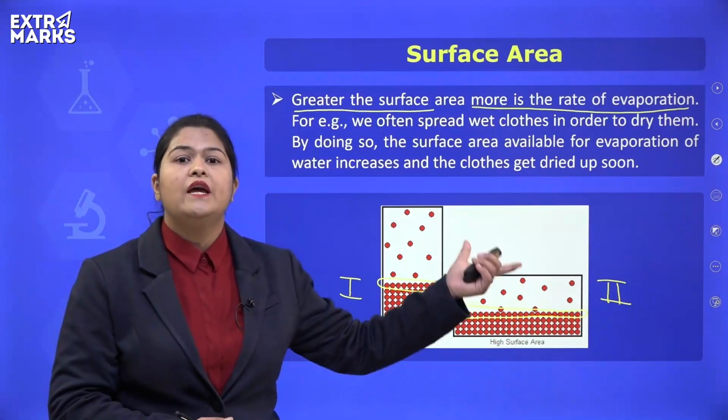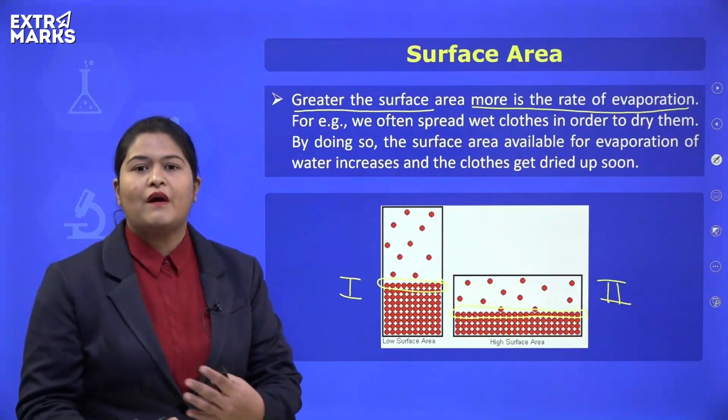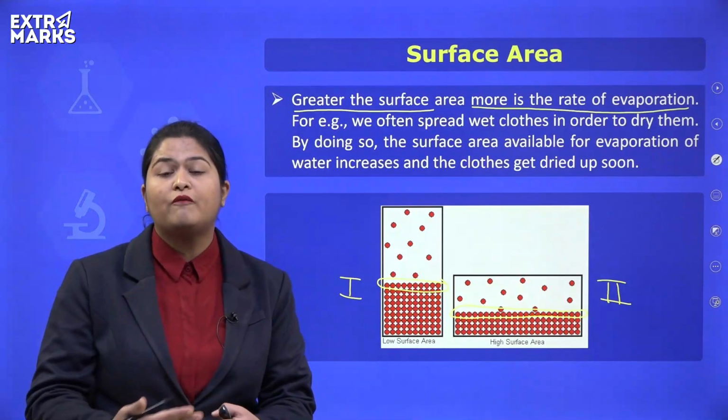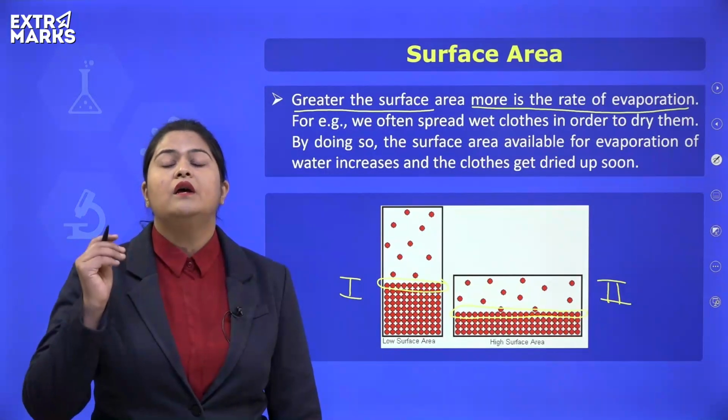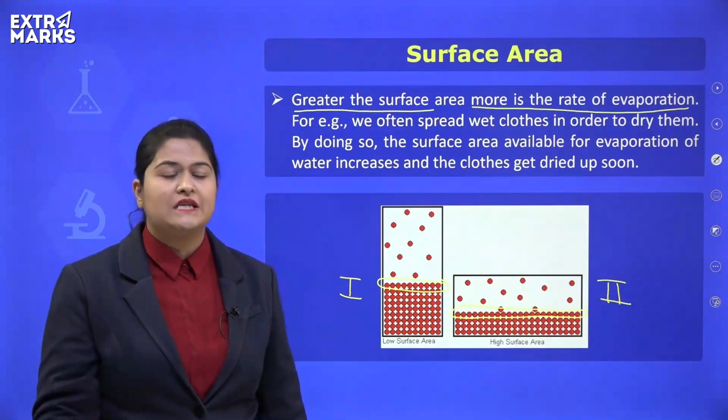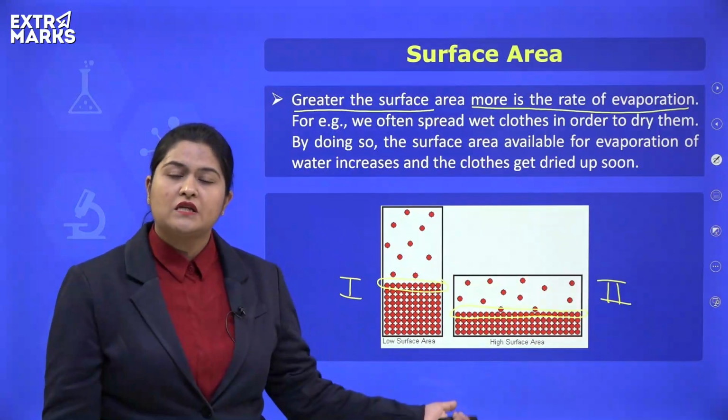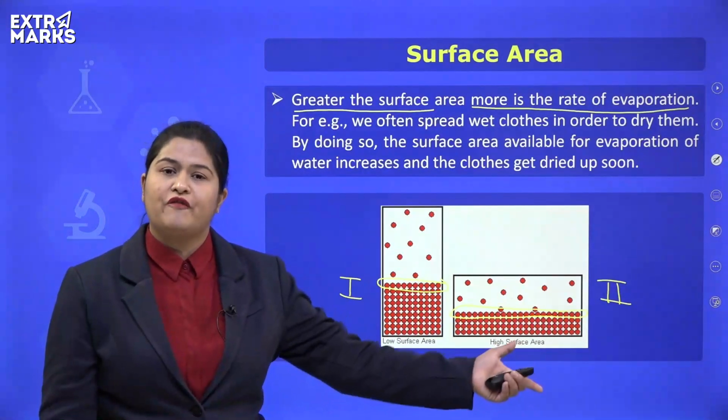So obviously in the second case the process of evaporation will speed up because the number of particles taking part in evaporation has increased. And why has this happened? This has happened because of the increase in surface area.